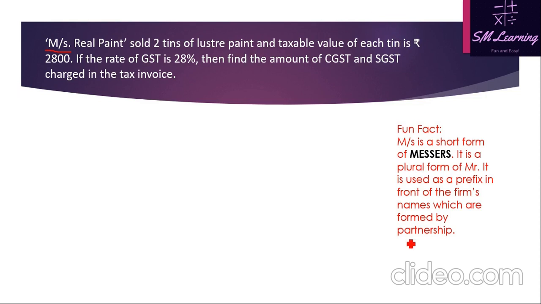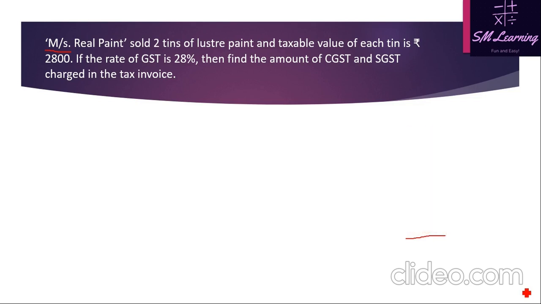What is a partnership firm? A small business which is started by two or more partners. So whenever two or more partners are involved in a business, we use Messrs, which is a plural form of Mr. It is written as M/S. It is just good to know information for you all.